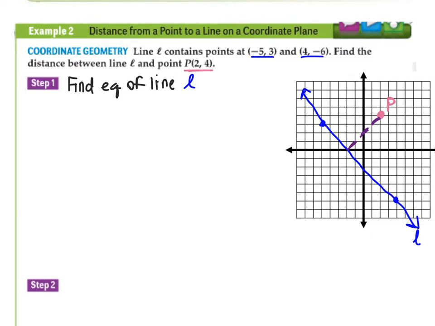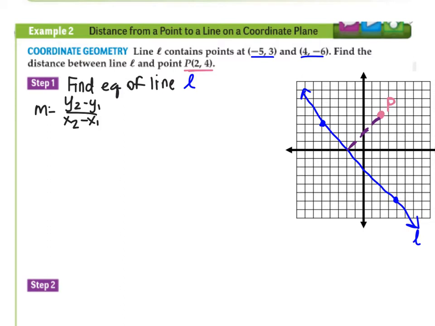We don't have an intercept yet, but we can find a slope. Remember, if we have 2 points, we can find our slope. So we're going to use m equals y2 minus y1 over x2 minus x1.